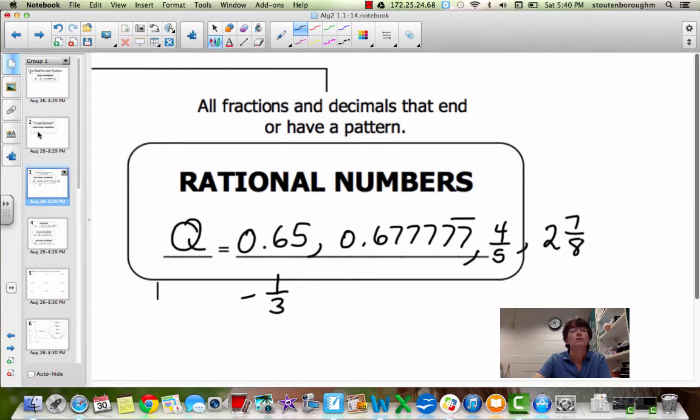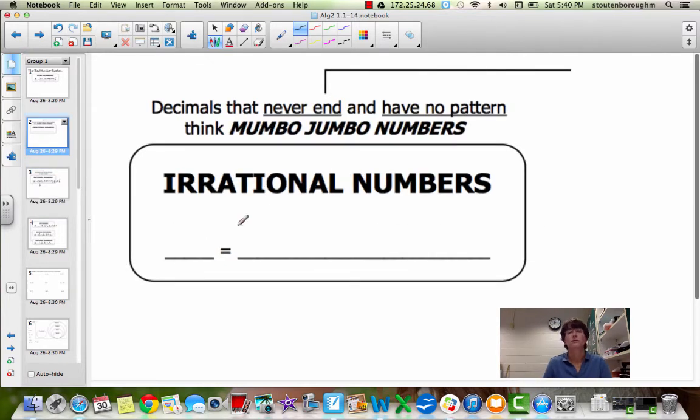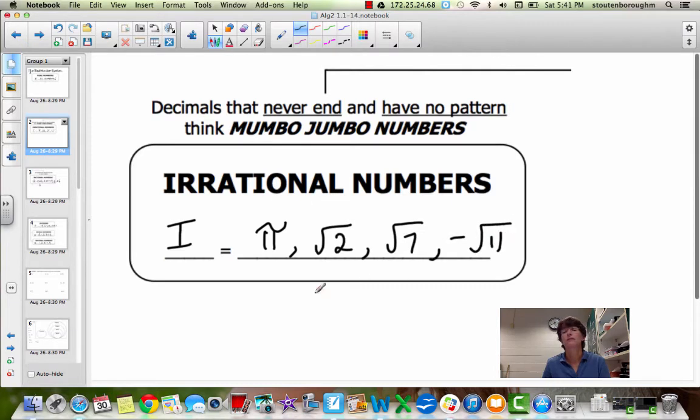Well, then we move over to the left to irrational numbers. And we're going to represent that with an I. One of the most popular irrational numbers is pi. We round it off to 3.14, and it keeps going on and on. Another irrational number would be the square root of 2, or the square root of 7, or the negative square root of 11.